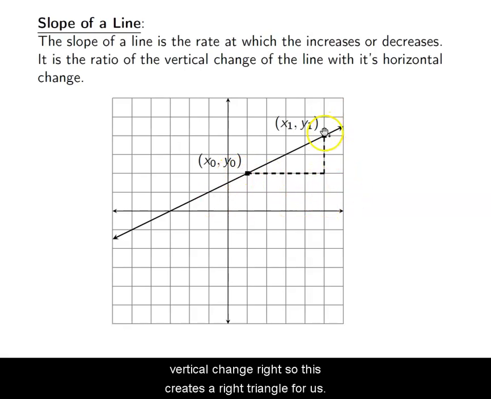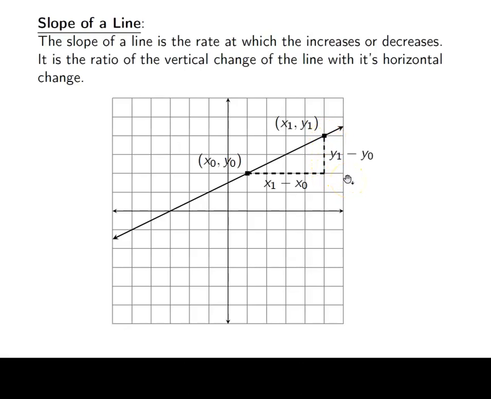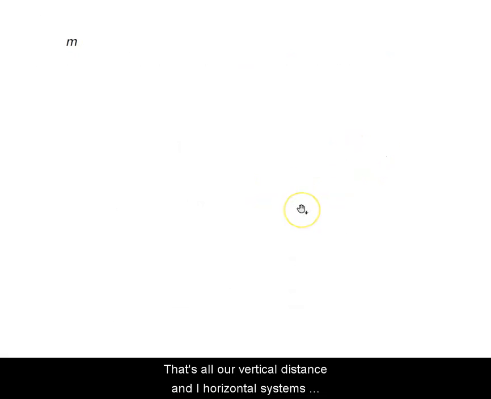This creates a right triangle for us, where the length of this triangle is the horizontal change, and the height of this triangle is the vertical change. So the length here is the distance from this point to this point, so x1 minus x0, and same thing here, the height is y1 minus y0. That's our vertical distance and our horizontal distance.